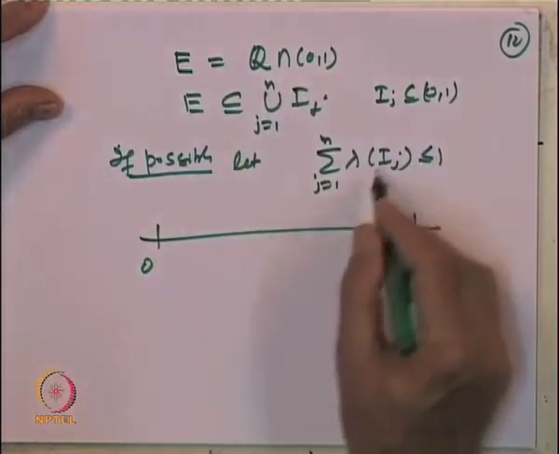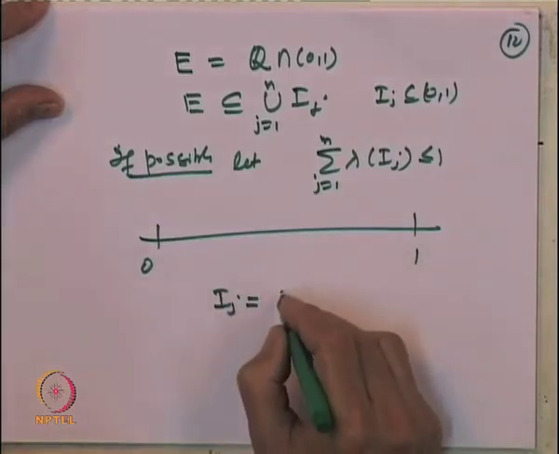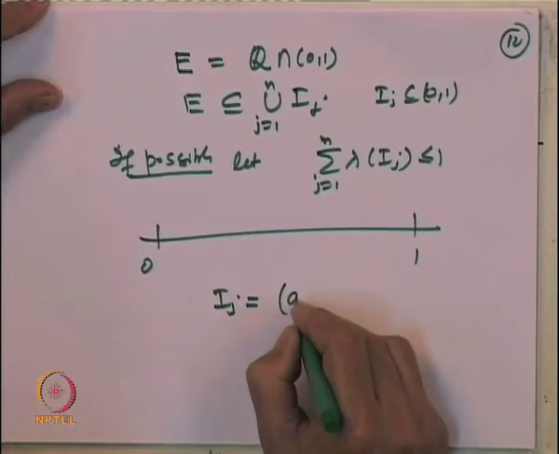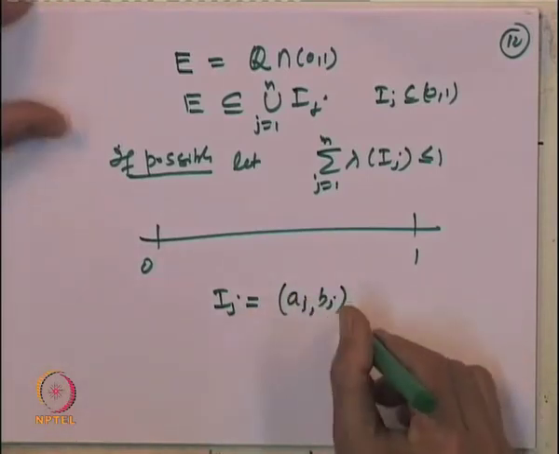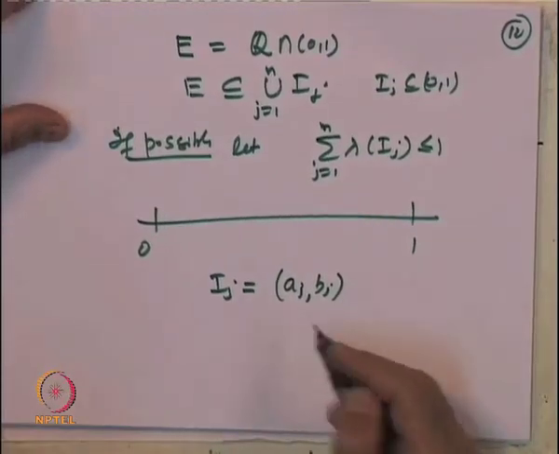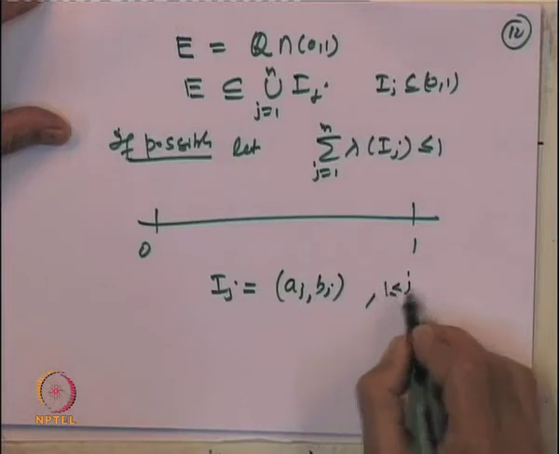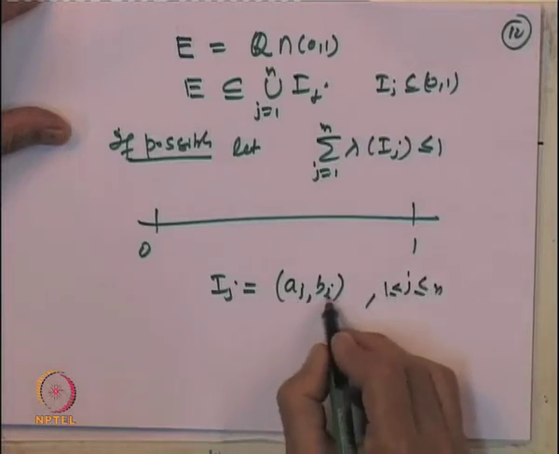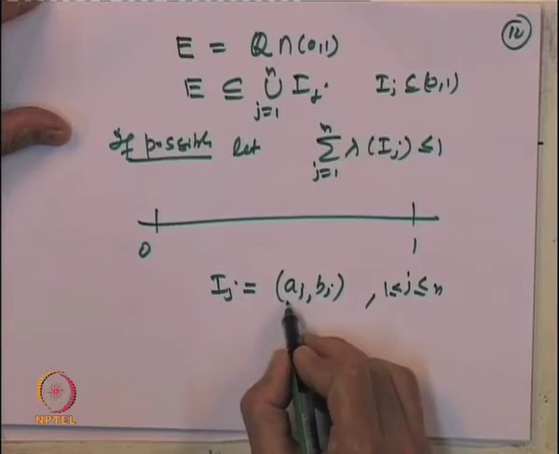So, let us say I j is A j, B j. It does not matter whether open or closed; you can just assume it to be open. Then we have these numbers between the A j's and B j's. Look at all the left hand points and look at the smallest of them.